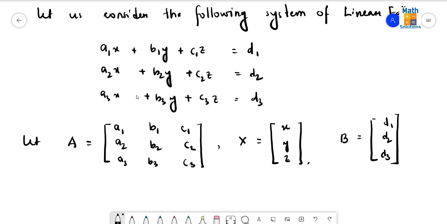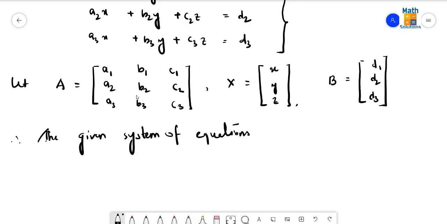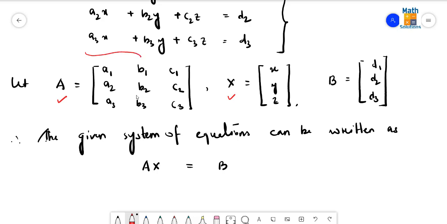Now if we observe properly, this given system of equations can be written as capital A X is equal to B, because when I multiply matrix A with matrix X, I shall get the entire left hand sides of these three equations, and on the other side matrix B will give us the three constants lying on the right hand sides.